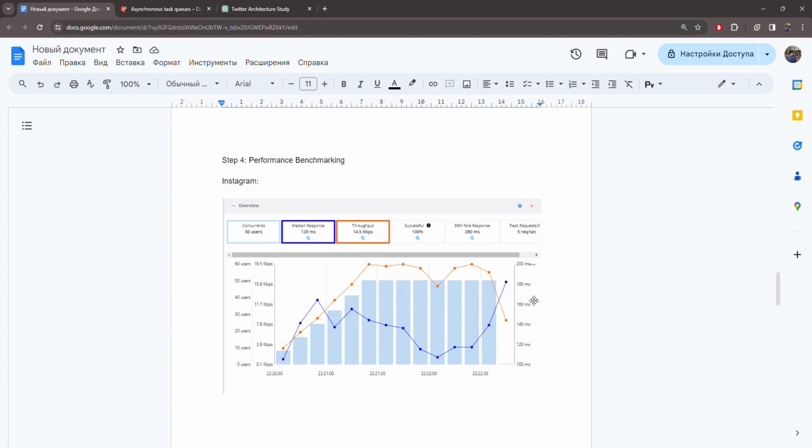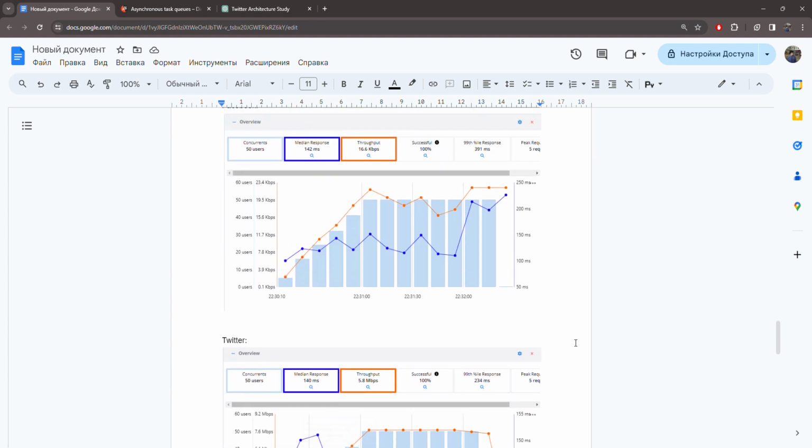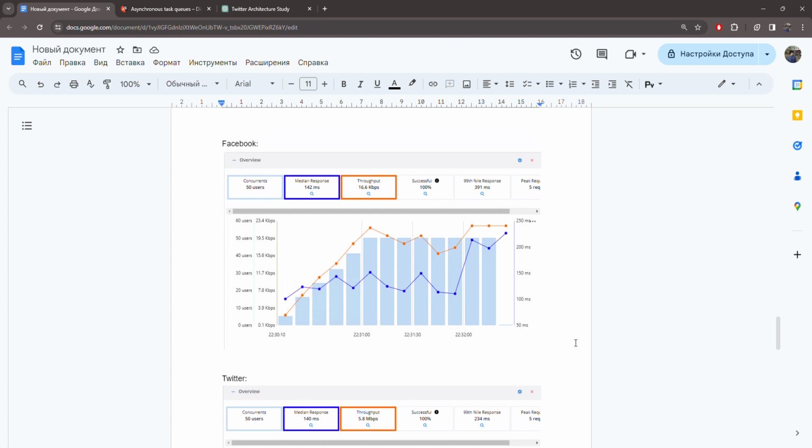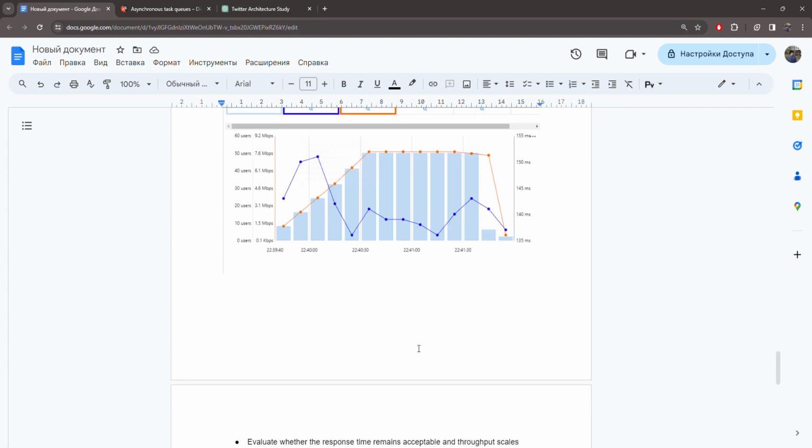It's less than 1 second, so it's a good point. For Facebook, it is the same thing, linearly increasing with median response. For Twitter, it looks like there is some randomness. For example, throughput is constant, but median response is decreasing, sometimes increasing. So I don't know how it works actually.